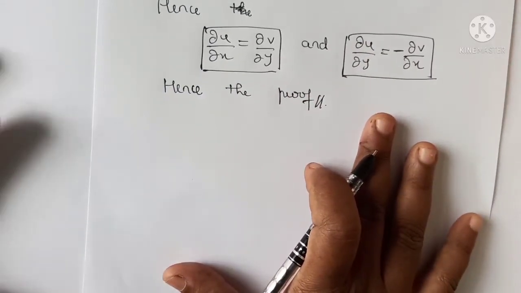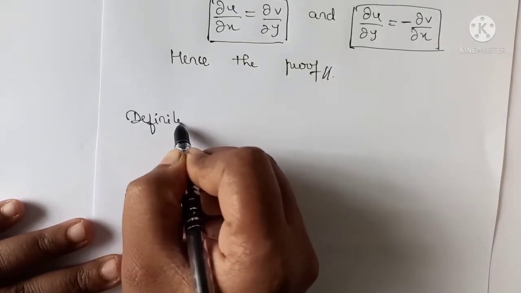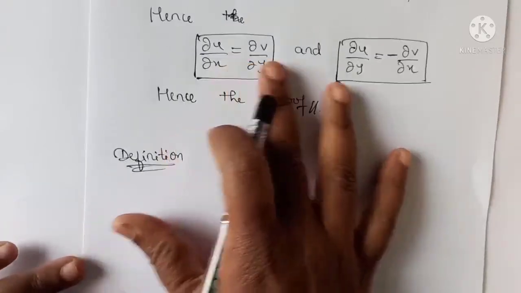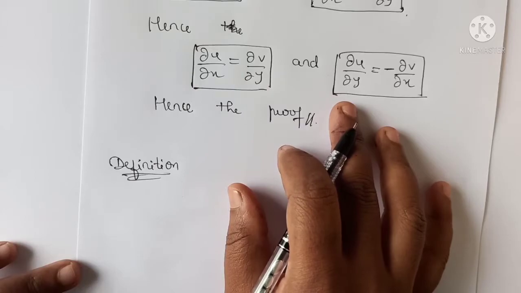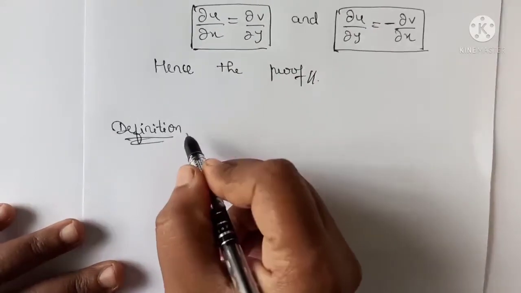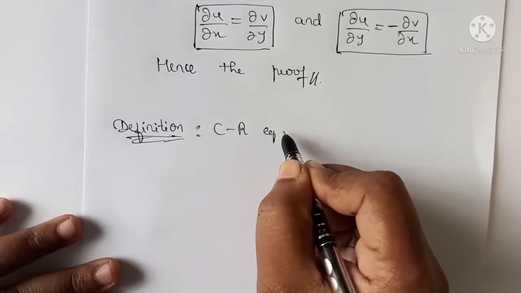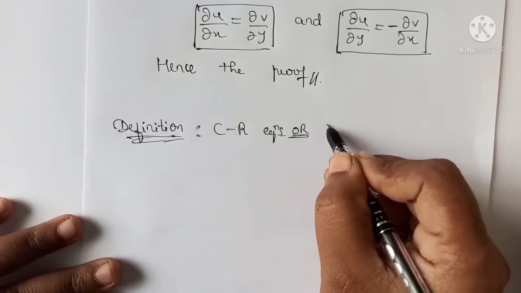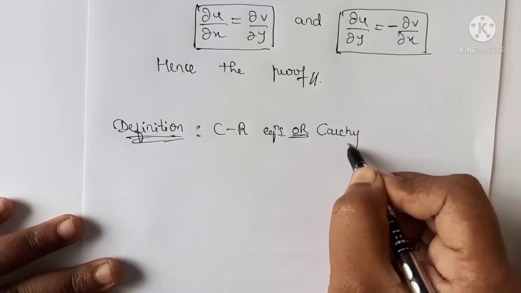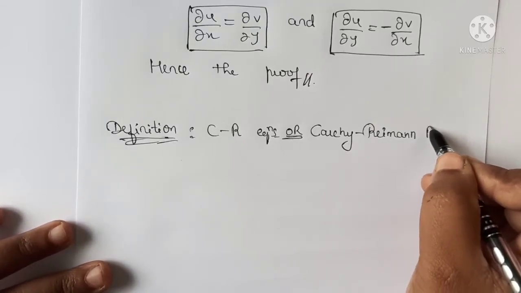Now we have a definition here, the definition for CR equations. Here we have proved these two equations, and these two equations are called the Cauchy-Riemann equations or CR equations.